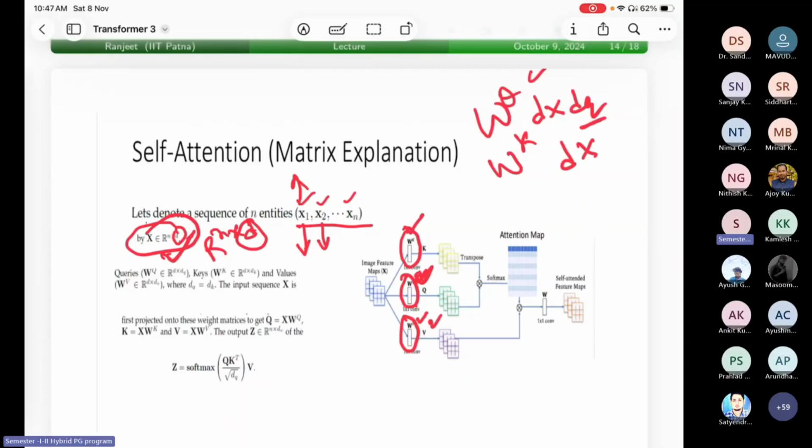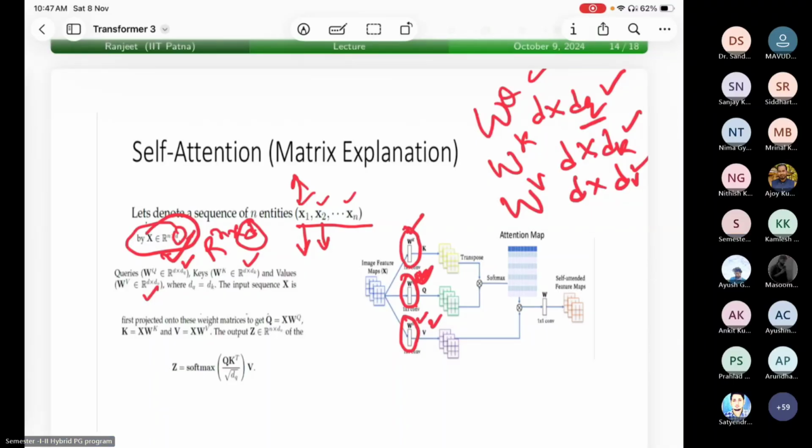In this case that is dq, for WK it could be dk, and for WV it could be d into dv. So this is the fully connected layer: first, second and third. You can see WQ is d into dq, WK is d into dk, and WV is d into dv.